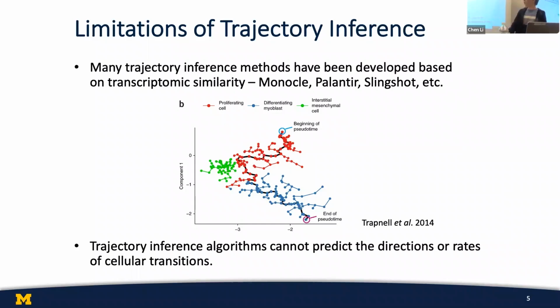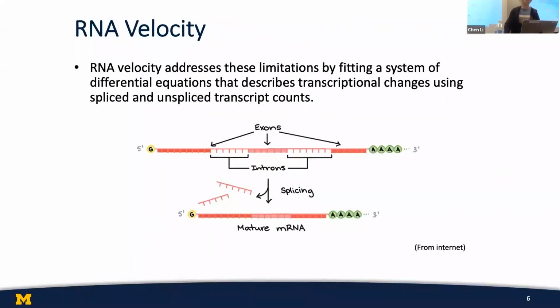That means if we give it a root cell, it can find the later cells, but without a root cell definition, the lineages can go either way. The recently developed RNA velocity actually addresses these limitations by using mathematical modeling of the splicing dynamics.